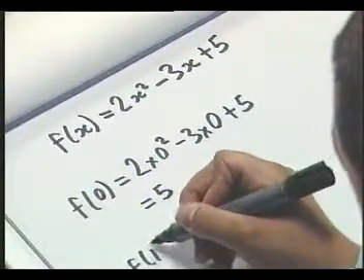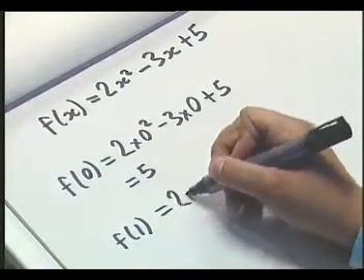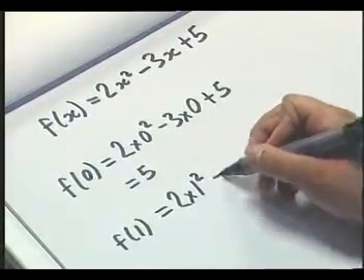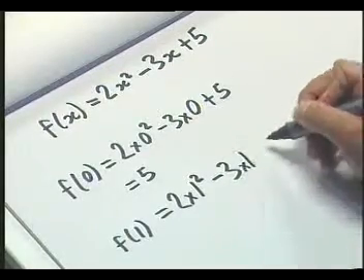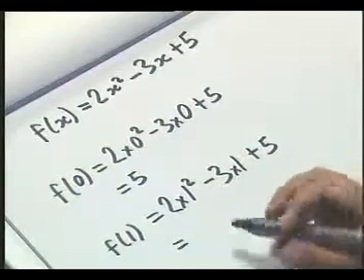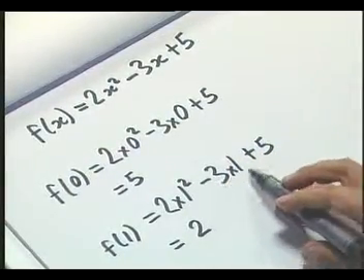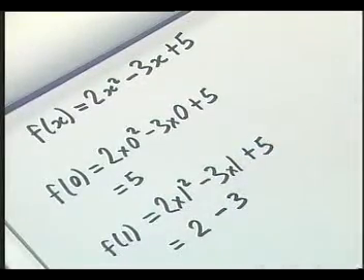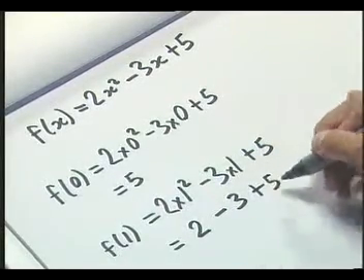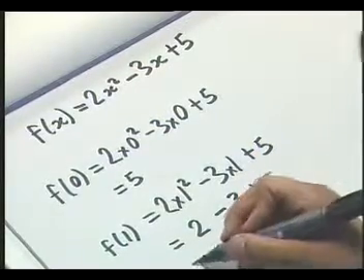If we had an argument of 1, we get 2 times 1 squared, take away 3 times 1, plus 5, which gives us 2 times 1 here, which is 2, take away 3 times 1, which is take away 3, and plus 5. So 2 take away 3 is minus 1, plus 5 gives us 4.